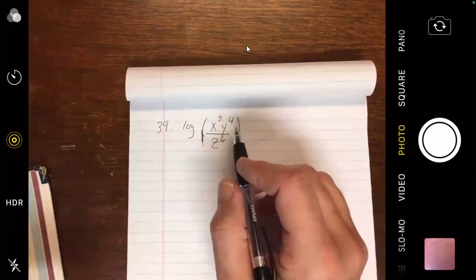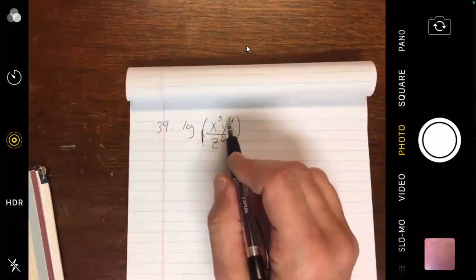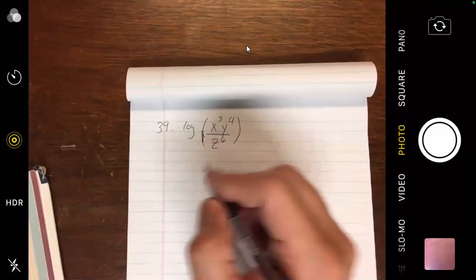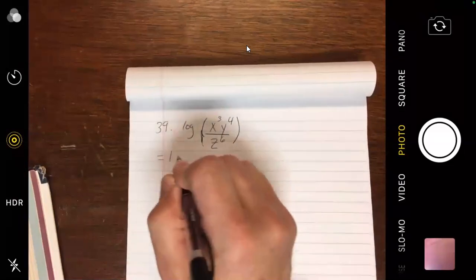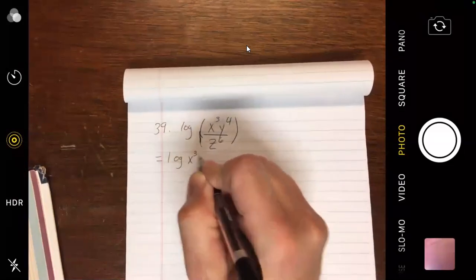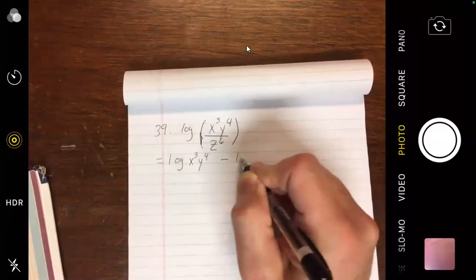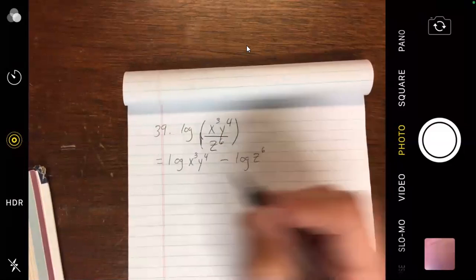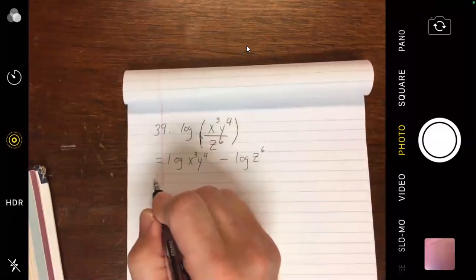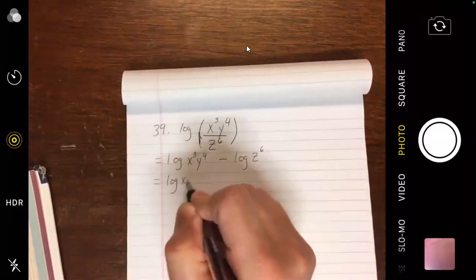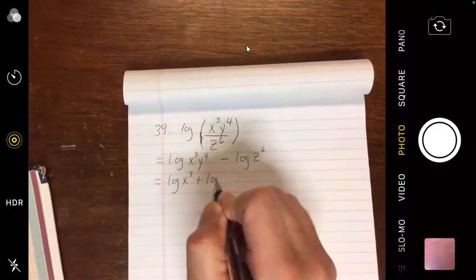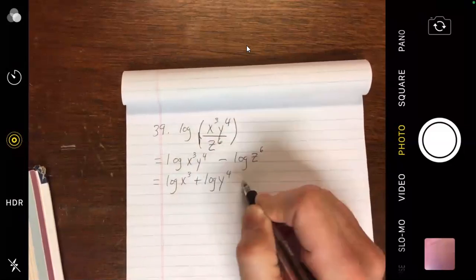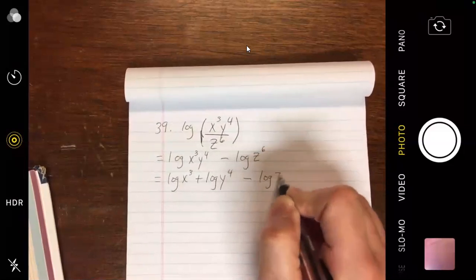Actually, you got all 3 laws in here, but you can start with a combination of first and second, meaning start with the log of the top minus your log of the bottom. Then these can bust up, log x cubed plus log y to the 4th minus log z to the 6th.